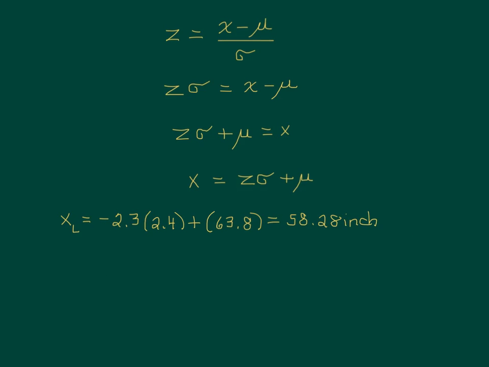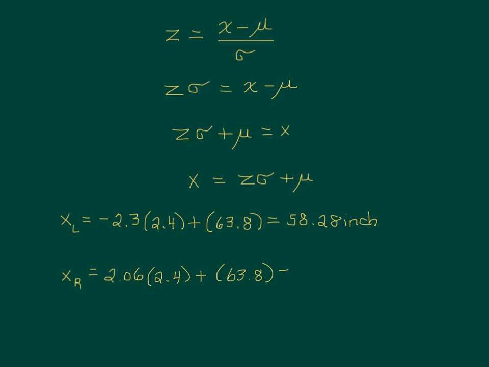Okay, so the z-score we found for our right-hand height, we're going to put that in to find the right-hand height. So the z-score we found was 2.06, and we multiply that by the standard deviation of 2.4, and we add to that the mean of 63.8.